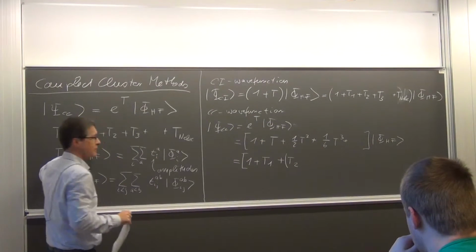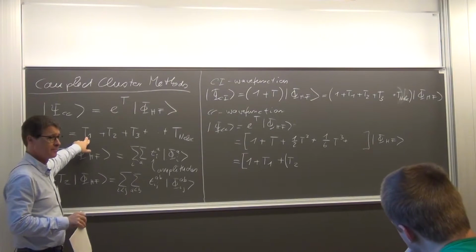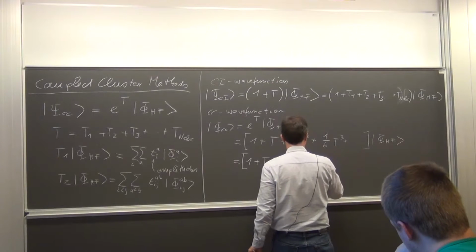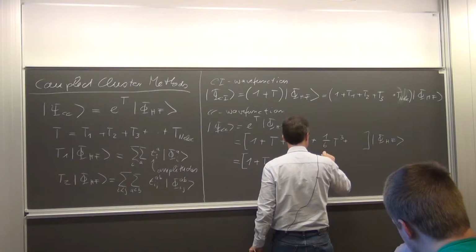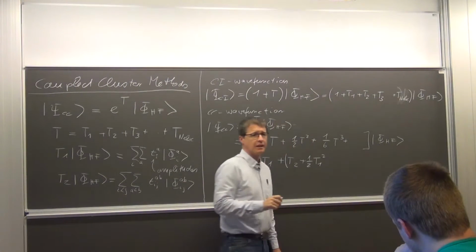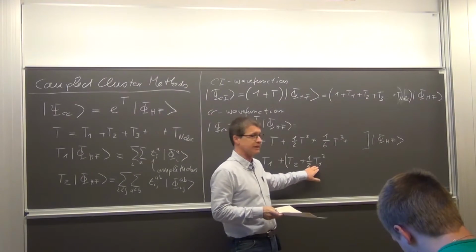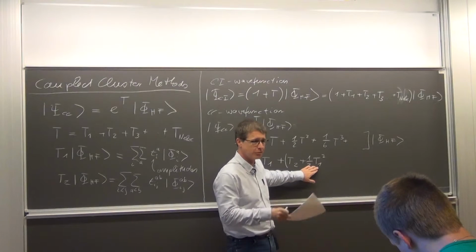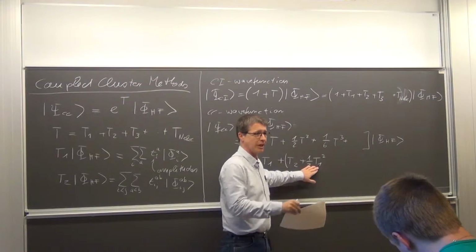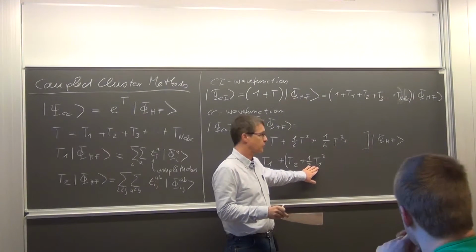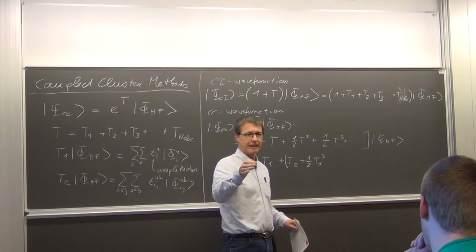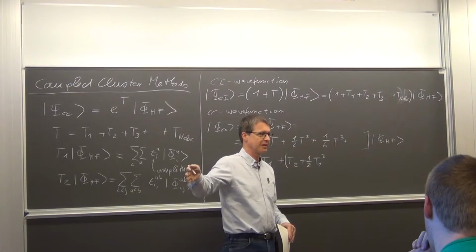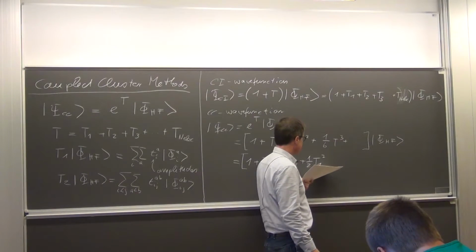There's going to be a T1 in there. So I also get 1/2 T1 squared. And that is also generating double excitation, because it makes a single excitation, the first T1, and then the second T1 comes afterwards acting on it. I mean, the square of an operator is just one operator acting first, and then the same operator acts on the product of the first one. So that's double excitation then.